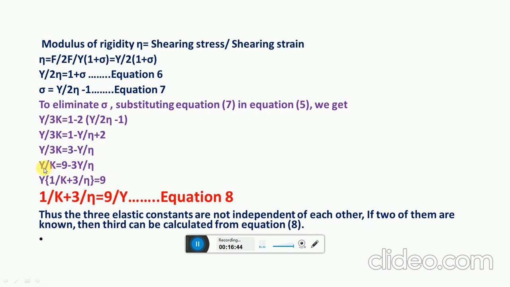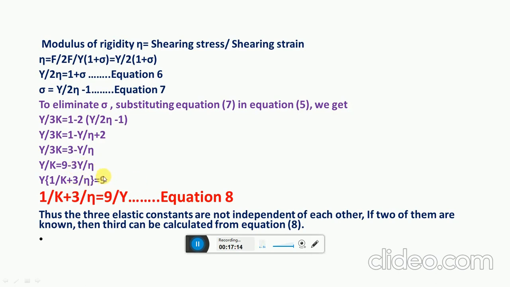Again rearranging, we can write Y upon K is equal to 9 minus 3Y upon eta, that means multiplying 3 to each term. Here when we multiply 3 to Y upon 3K, the 3s cancel, we have Y upon K. 3 into 3 becomes 9, and 3 into Y upon eta is 3Y upon eta.